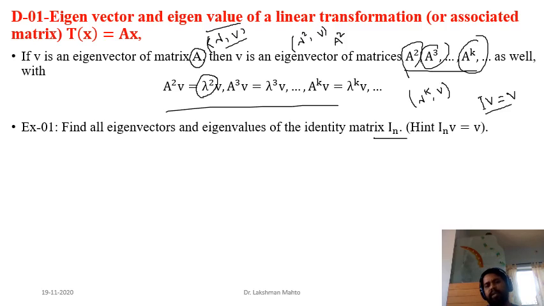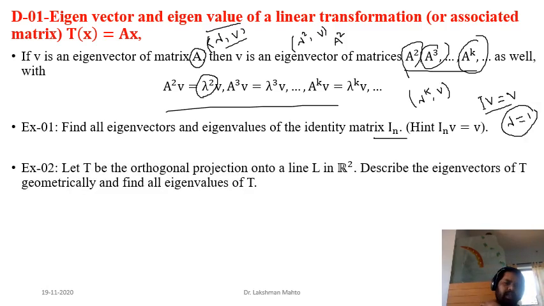So every non-zero vector is an eigenvector of the identity matrix. But what is the eigenvalue? The eigenvalue in this case is 1. I had already mentioned that an eigenvector must always be a non-zero vector, so that's why I'm not taking 0 here.